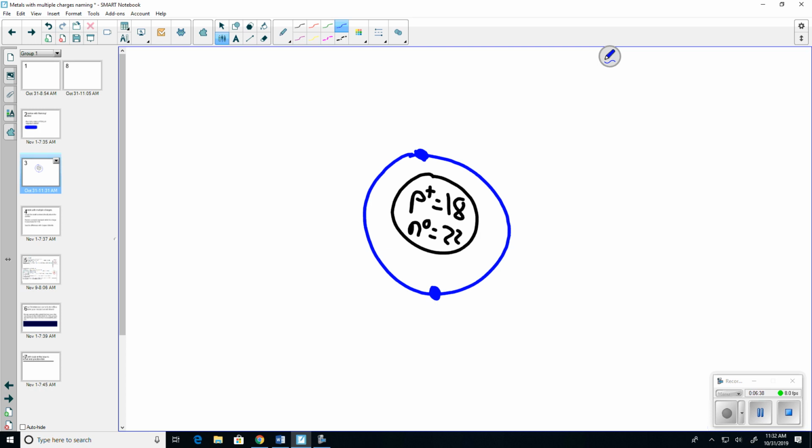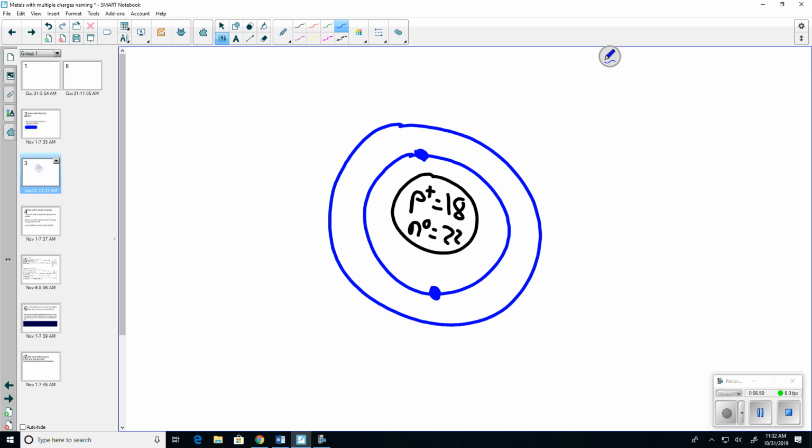The first shell of electrons has 2 in it, just like every element. Again, there's 2 across. Second shell should have 8.